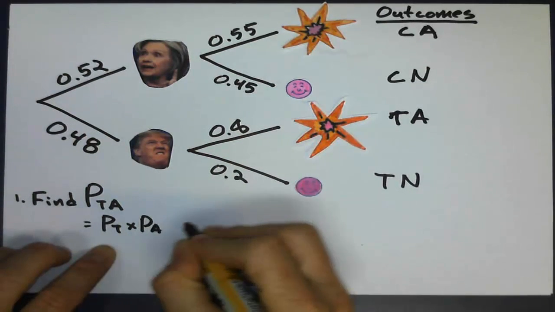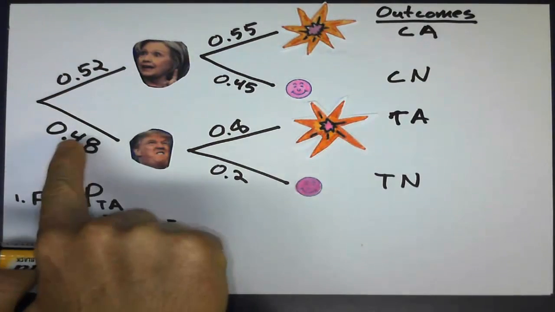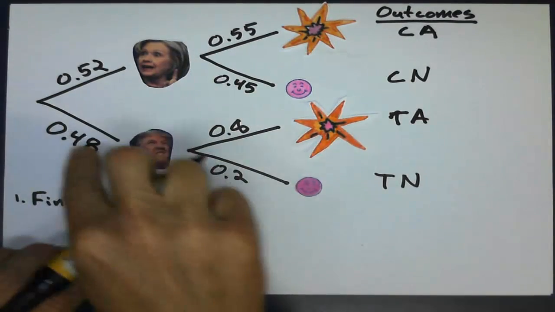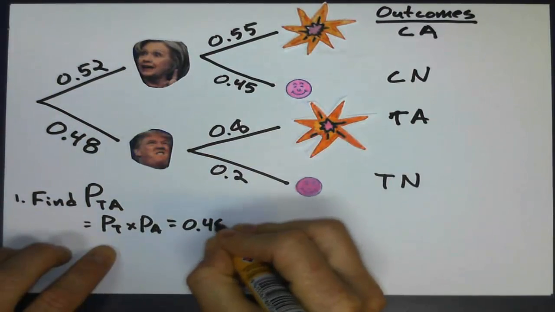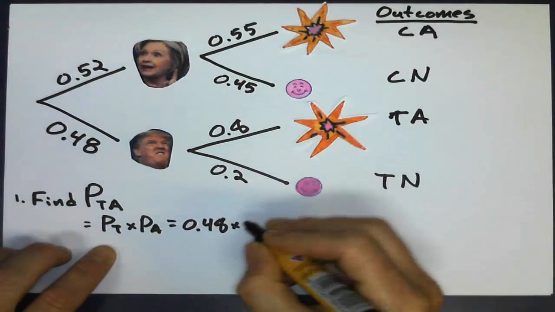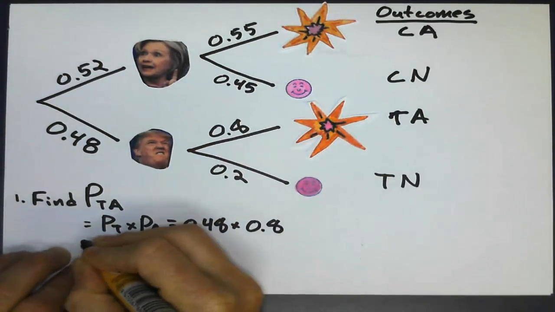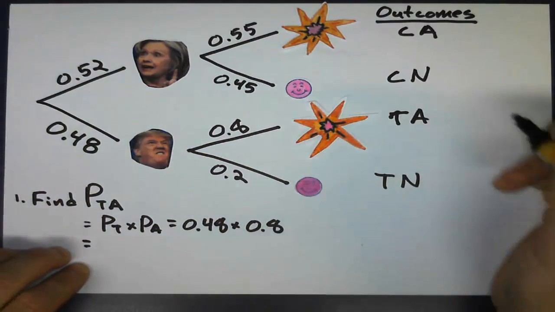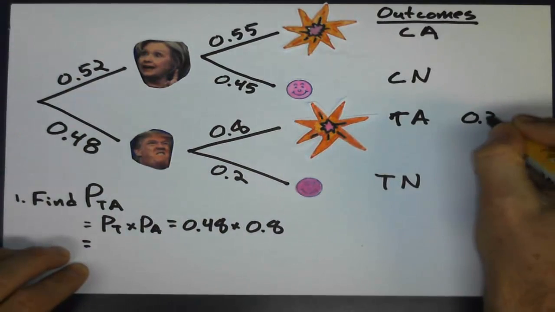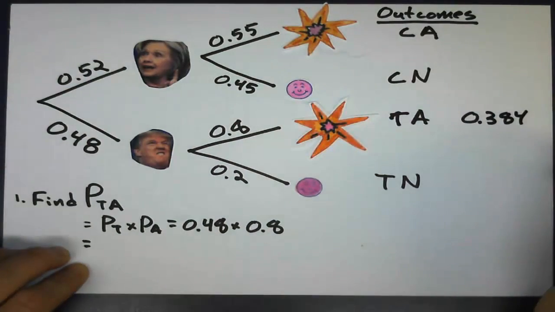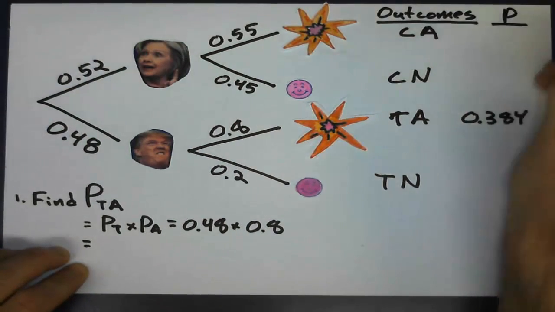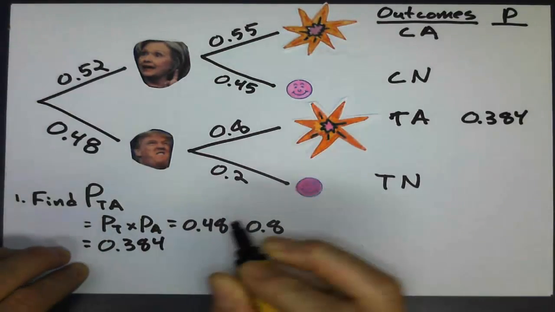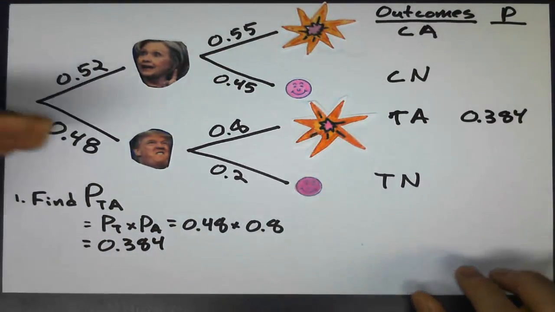How I can do this is I just multiply across the tree: 0.48 times 0.8, and what I get is 0.384. Sometimes I write it over here, and I'll write it back down here. So that's probably the easiest part, and I can do that all the way across.